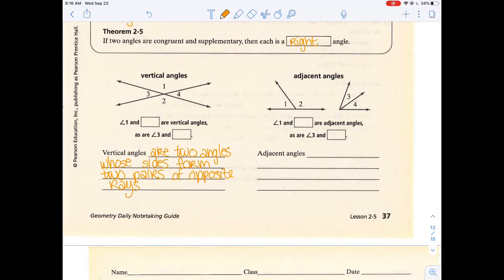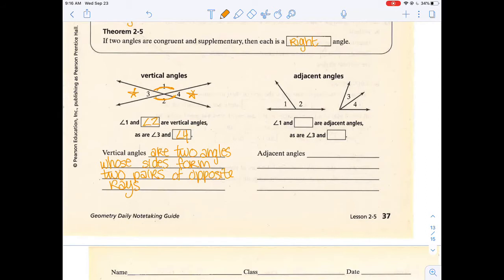I like to think about they're across from each other on the x. So like I said earlier, 1 and 2 are vertical angles. 3 and 4 are vertical angles because they're across from each other on the x.